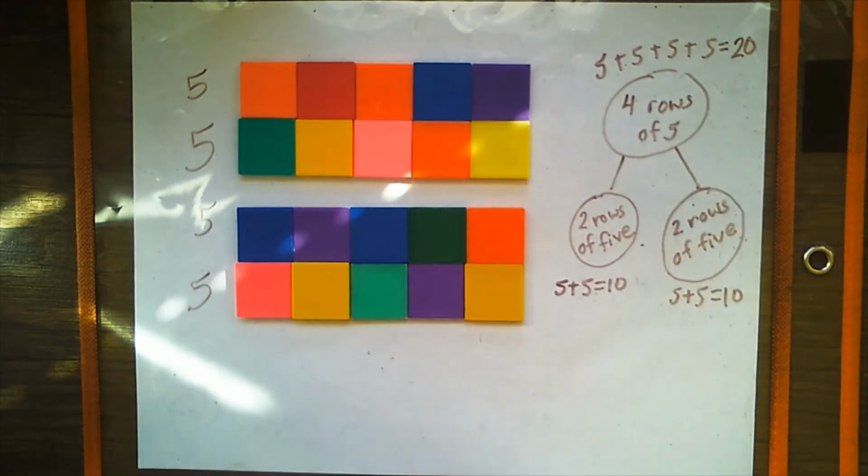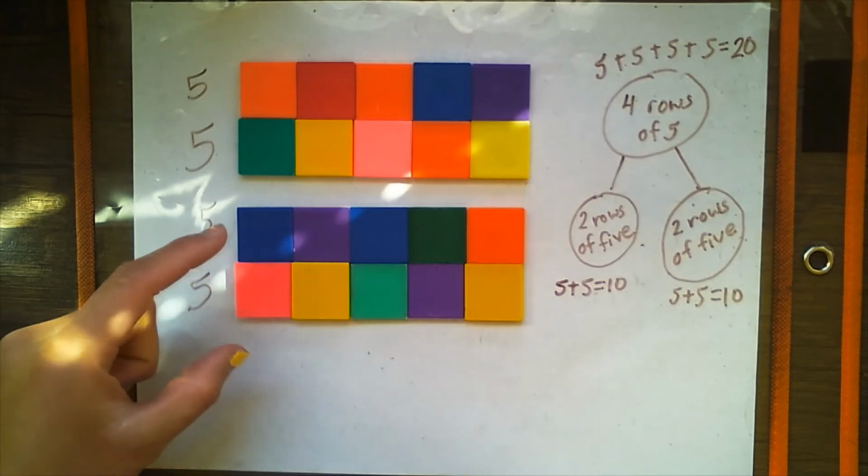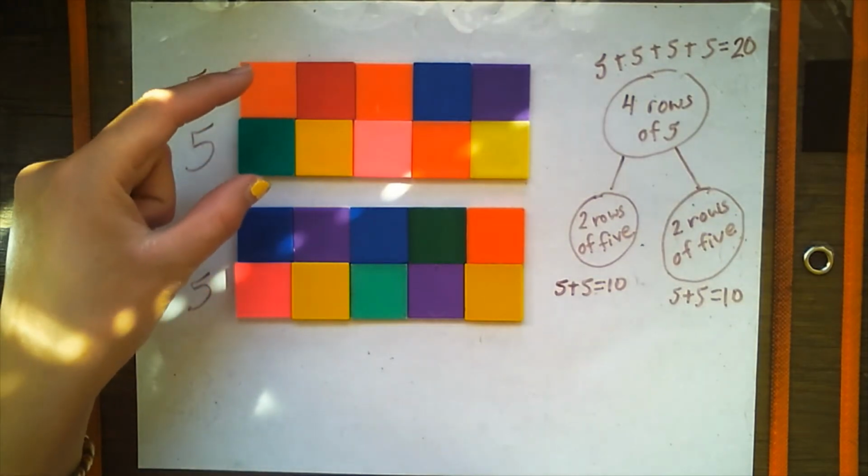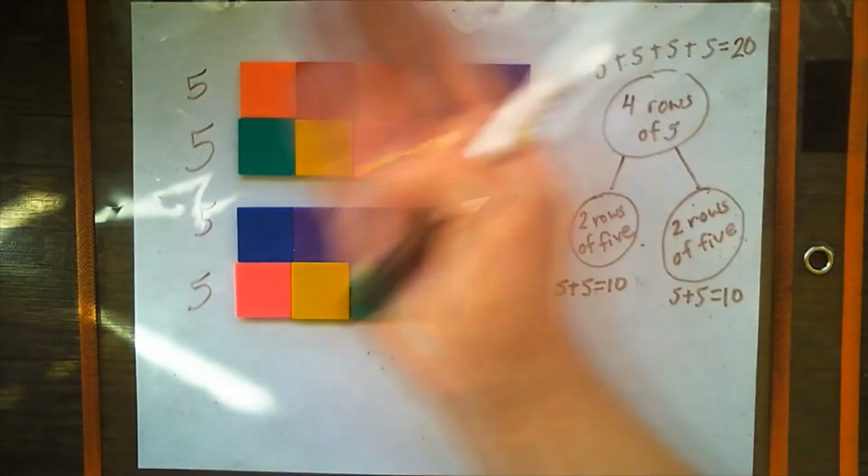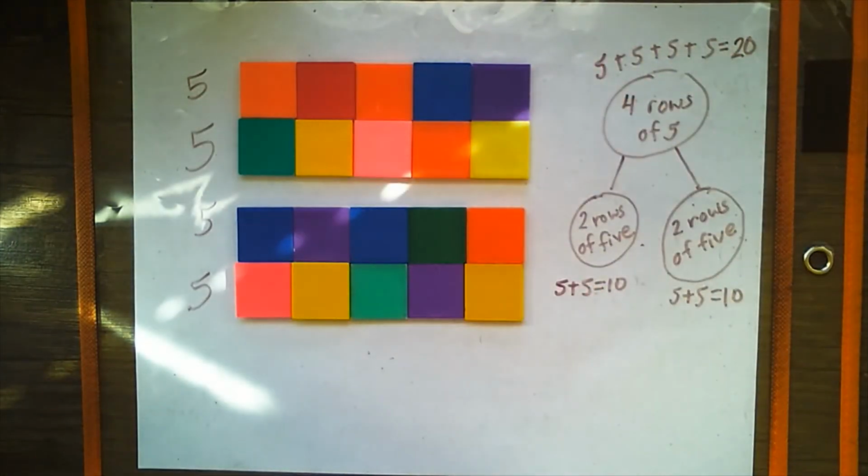Or looking at the picture, 2 rows of 5 and 2 rows of 5 make 4 rows of 5. Great job, my friends. I know this one was very tricky, so go ahead and re-watch this as much as you need to. Let's go ahead and jump straight into what I want you all to keep in mind before you start doing the independent work.